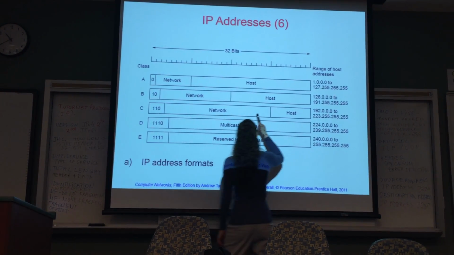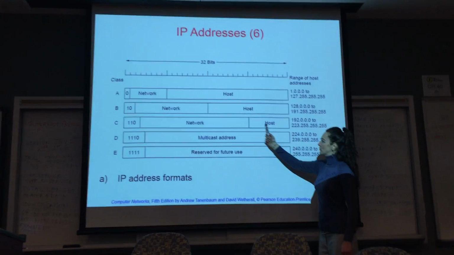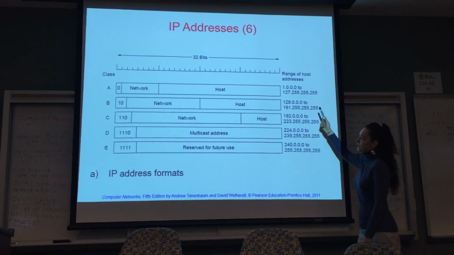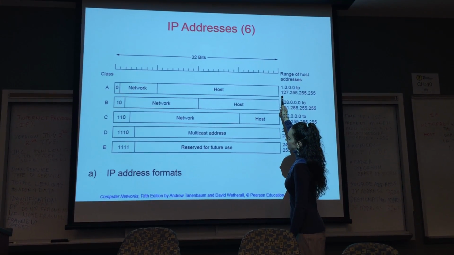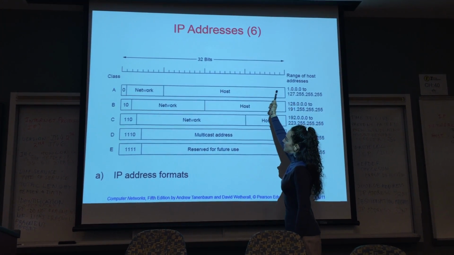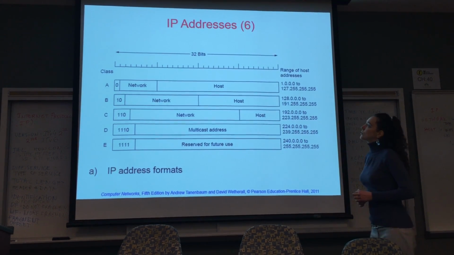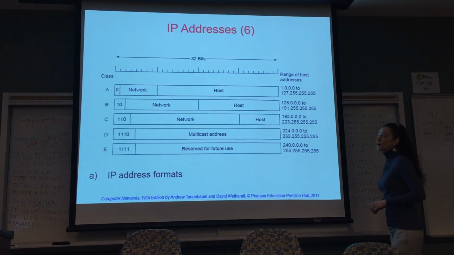The one we were looking at was a class C because it had 8 bits for the host. But we have other classes too, like in class A, it will have, how many bits is that? 24. That's a lot of hosts.